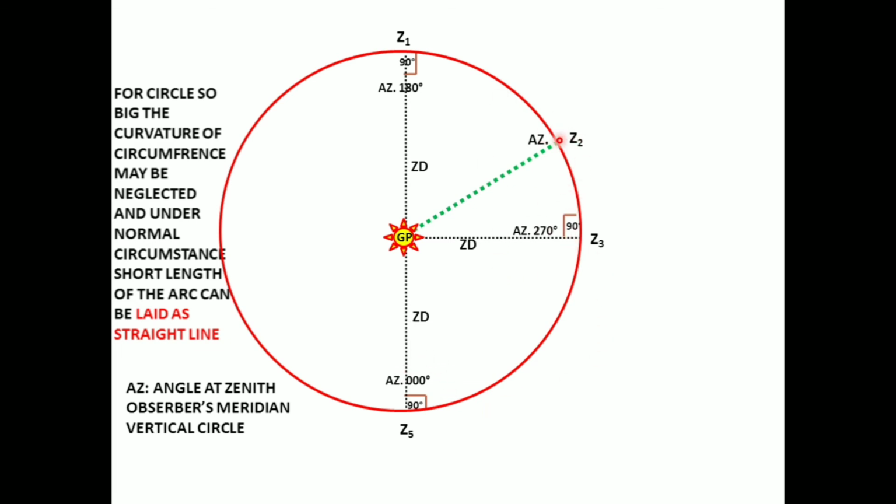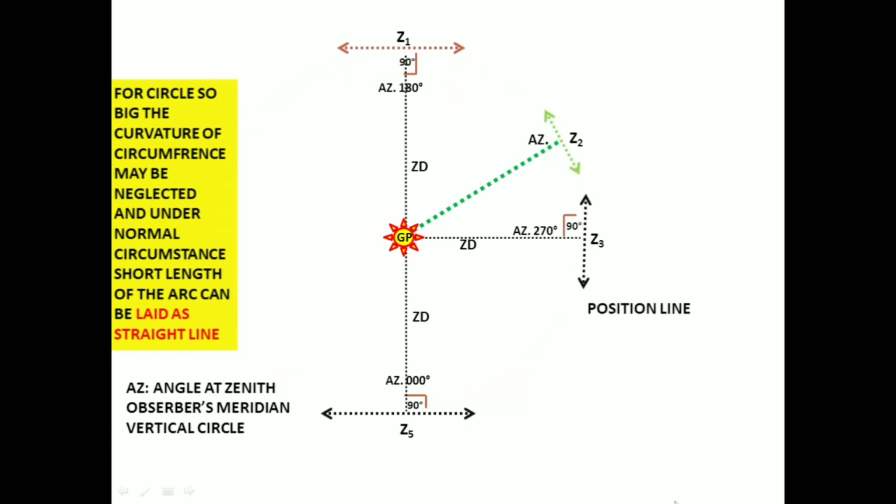Here, of course, azimuth, as I said, is somewhere southwesterly. Now, if I had to consider only the small part of this circle, I could take it as a straight line. And now we have a straight line in all these places. And this is my position line. I'm somewhere on this position line.